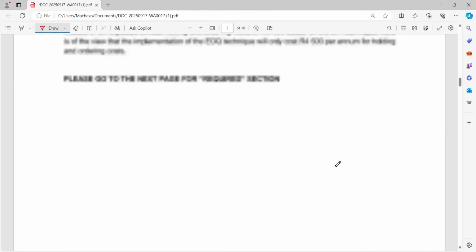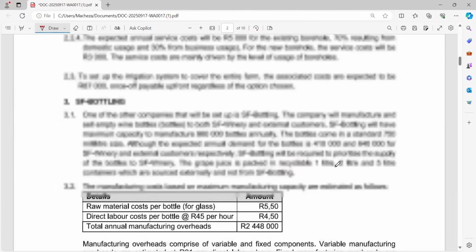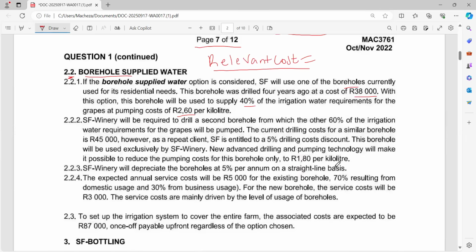And when you are answering questions like this, which has got a relevant cost, don't leave out anything, even if it is not going to affect your answer. Put it there and say something. Like in this one, you just go and say, old bore drilling cost.